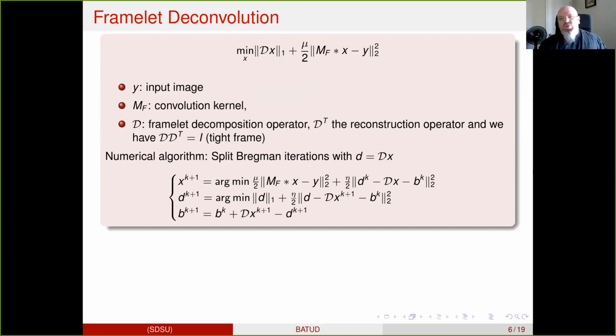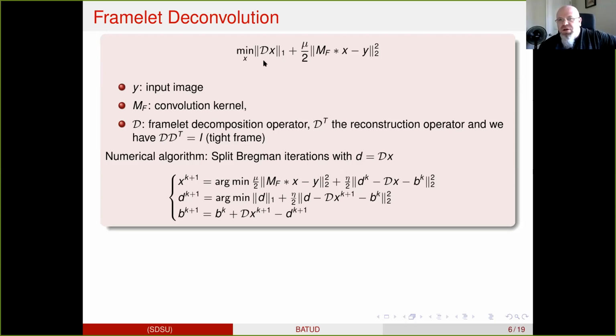Right? So Y is my input image, my blurred image. MF is my free kernel. And what I want to retrieve is the image X, which will be the clean image. And here, D, at that time, we used a Framelet decomposition operator.